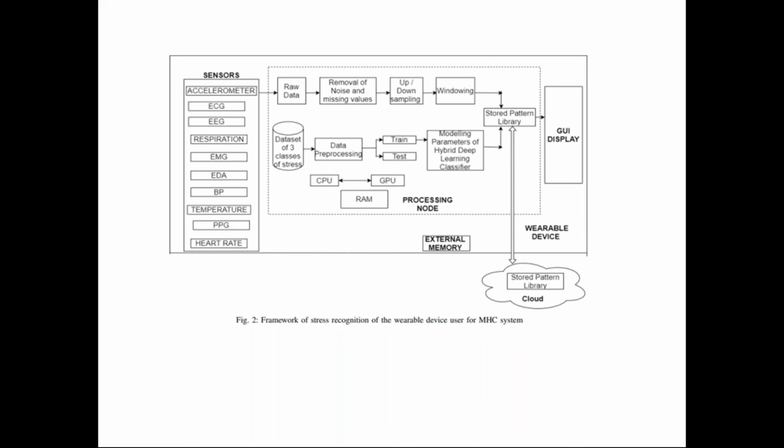So this is not a strict or rigid structure. Here again, edge computing could be done, or centralized computing can also be done. This depends on the availability of energy, computational capability, and the requirements.